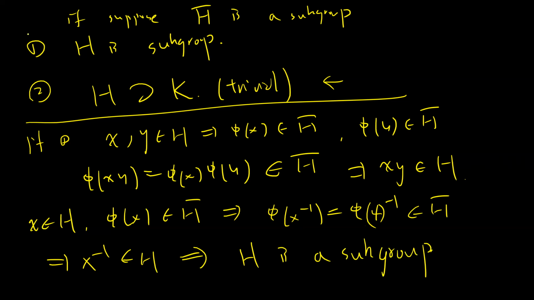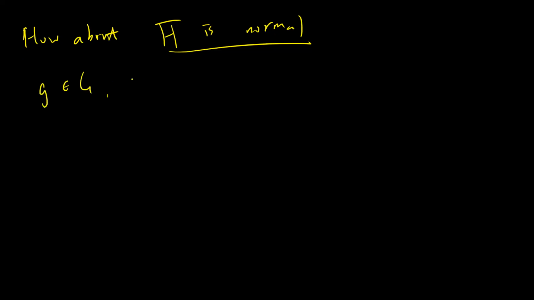Okay, so how about if H bar is normal? Let's make an assumption that H bar is normal and see what we get. Let's say we take an element g belonging to G, and h belonging to H. Then phi of h belongs to H bar.